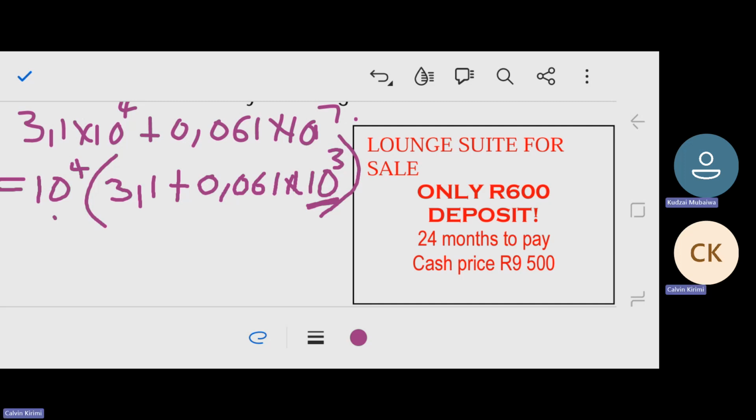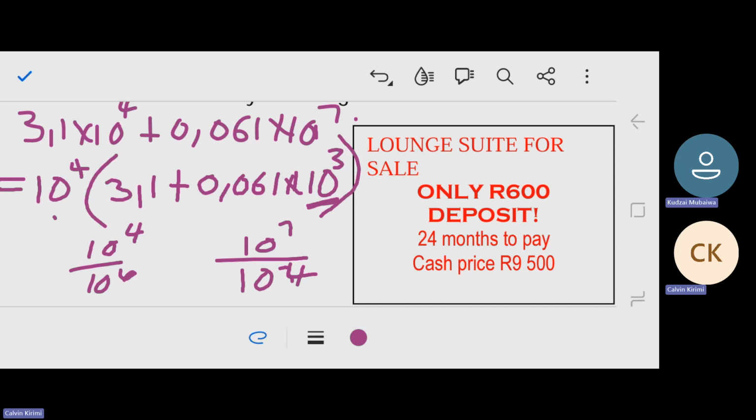In other words, we are just saying 10 to the power 7 divided by 10 to the power 4. What is the answer? It's 10 to the power of 3. Then the first one, we are just saying 10 to the power 4 divided by 10 to the power 4. What is the answer?